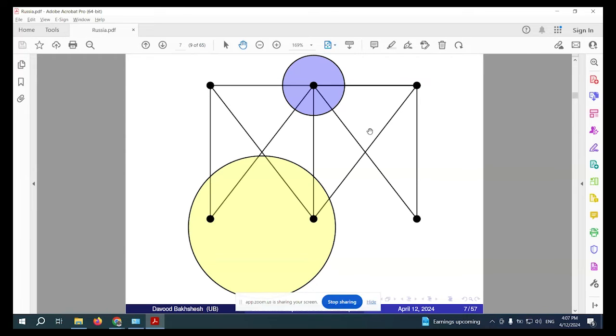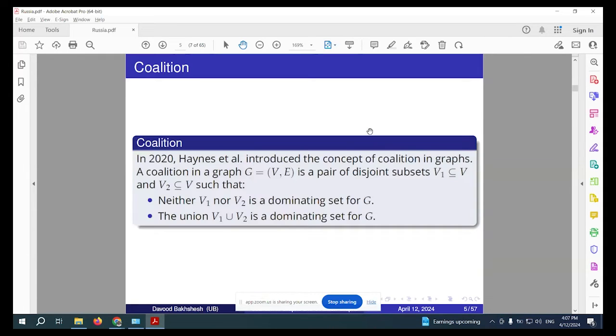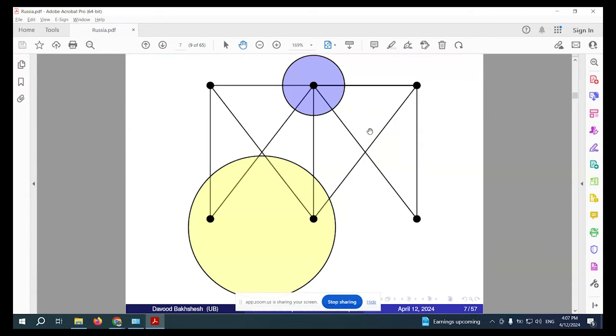You can see that the set with 1 vertex, determined with the blue color, is a dominating set, but the set with two vertices is not a dominating set, and this contradicts the first condition. Then these two sets do not form a coalition in the graph.